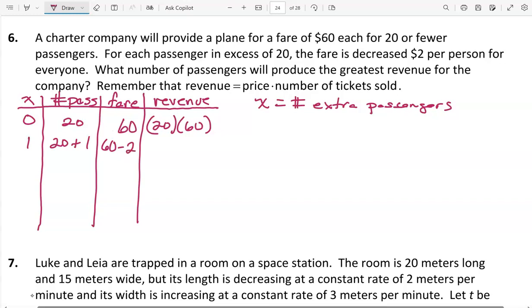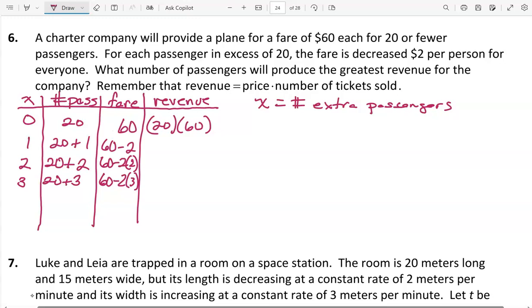Now, if x is 2, that means we have 2 extra passengers, and the number of passengers is 20 plus 2, and the fare is 60 minus 2 times 2, or 60 minus 4. If x is 3, that means we have 3 extra passengers, so 20 plus 3, and the fare is 60 minus 2 times 3. I hope we can see where this is going.